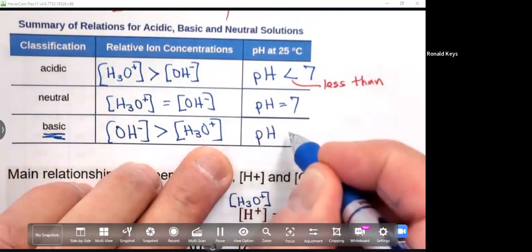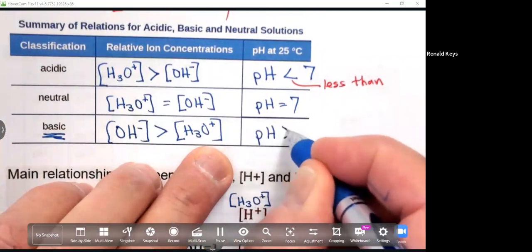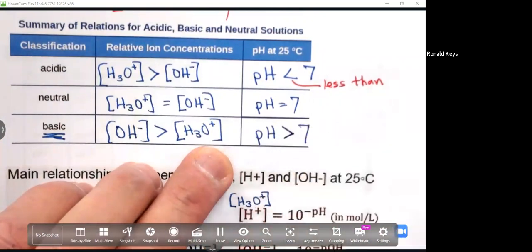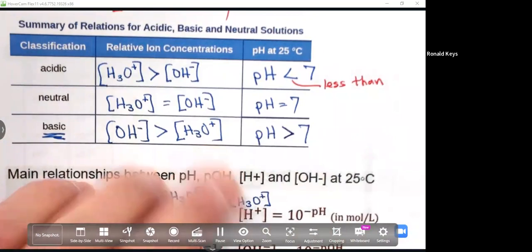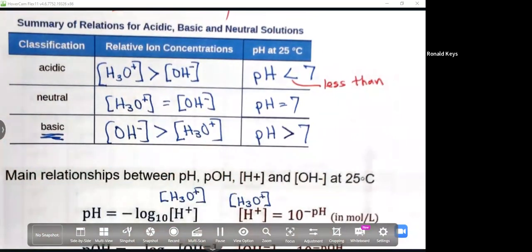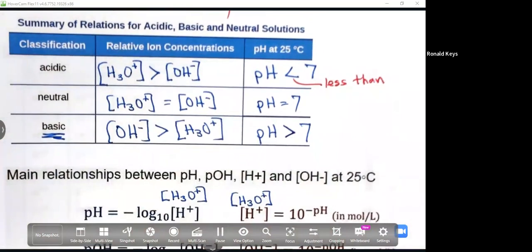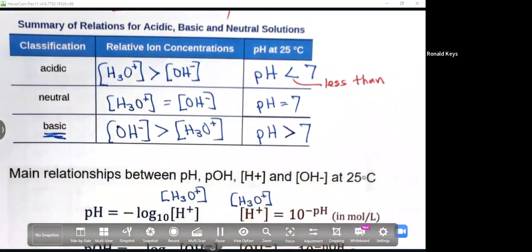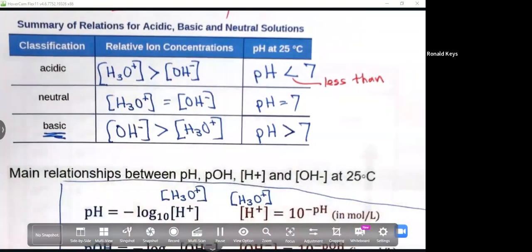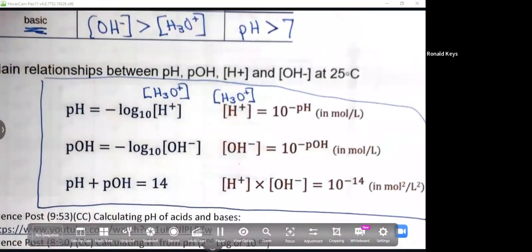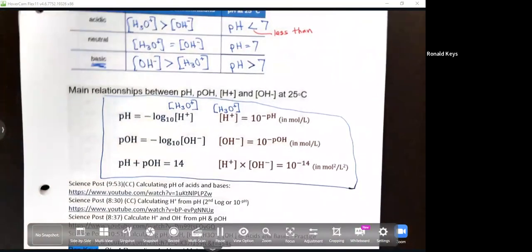And my pH better be greater than 7, right? All right, we'll use all these on the next page. So here's all of these equations we're going to use on the next page here. Come back and do one of these problems.